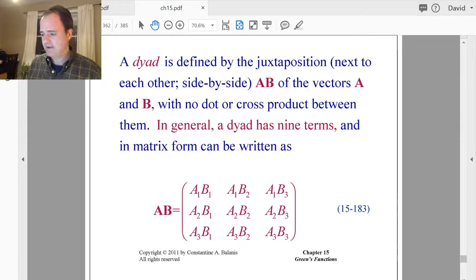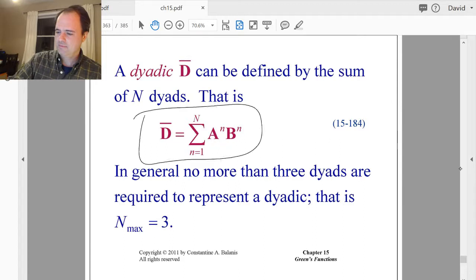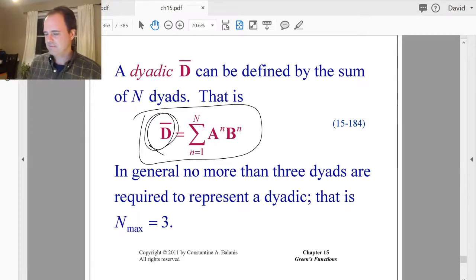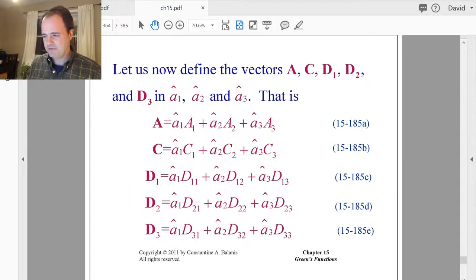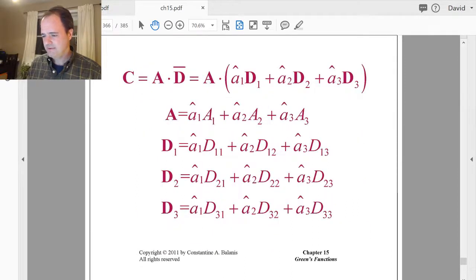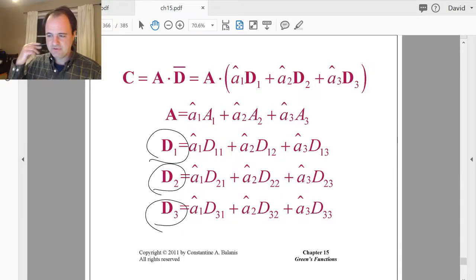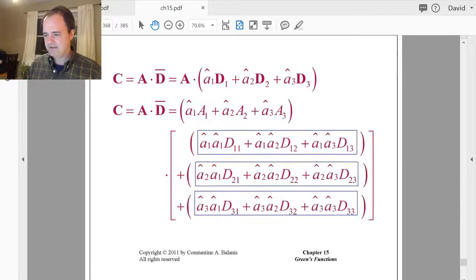Well, you do that with a dyad. So you do like an inner product thing, but the resultant is a vector. So that's what this last couple of pages shows you how to do. It shows you how to work with dyads. So basically it tells you how to construct the three components of D from this dyadic operation.